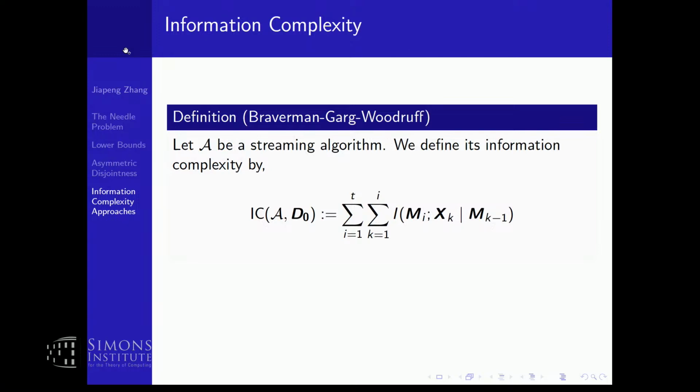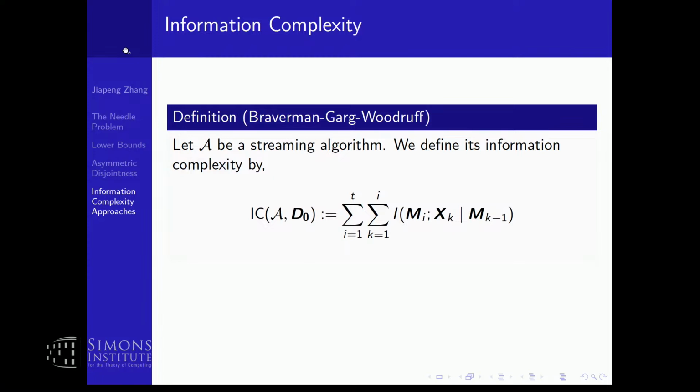Isn't M_i just the memory state? Yeah, after receiving the i-th sample. M_{k-1} is the memory state after receiving k minus 1, and k minus 1 is less than i. So you condition on the information of the first k minus 1 players. M_i is something in the future, and X_k is the sample next to this status, after k minus 1.